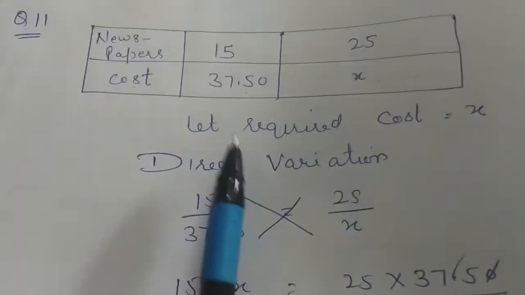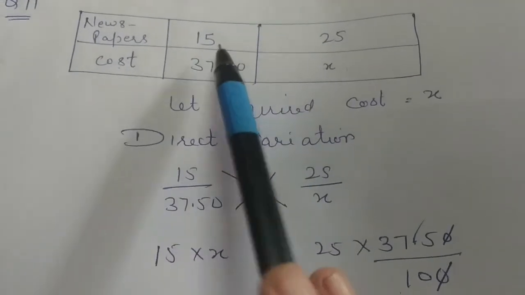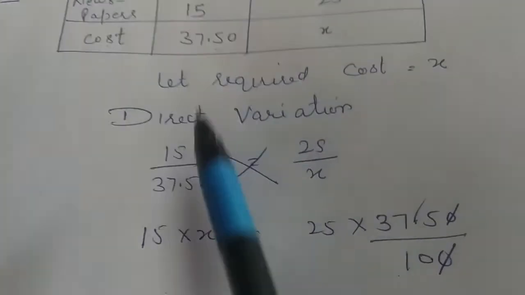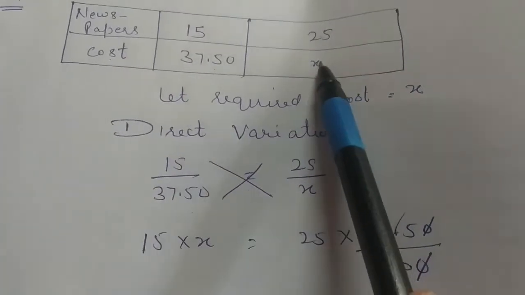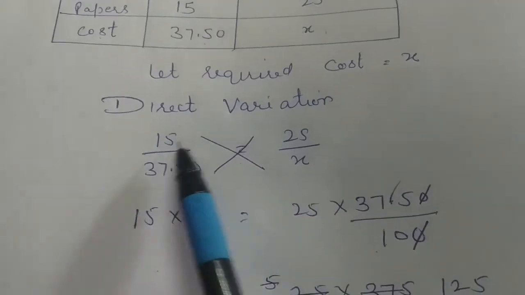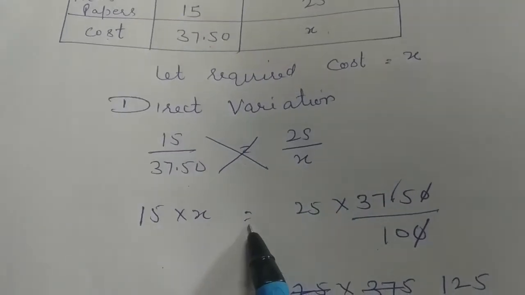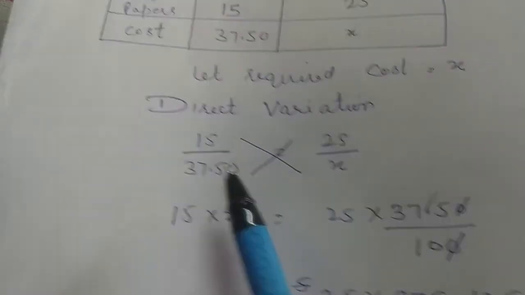Here we have written that it is direct variation. Then write 15 over 37.50 is equal to 25 over x. Here I have written. Then cross multiply. 15 into x is equal to 25 into 37.50.